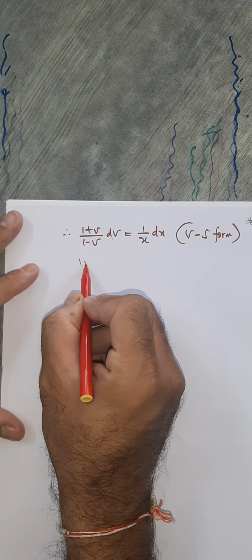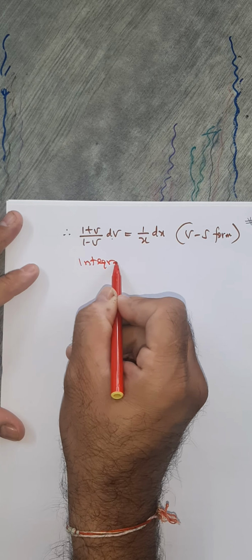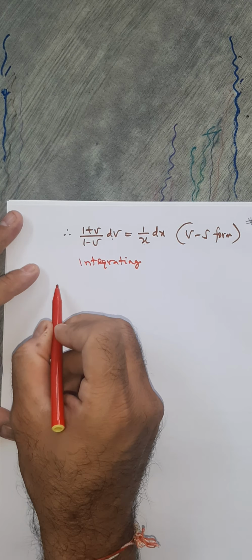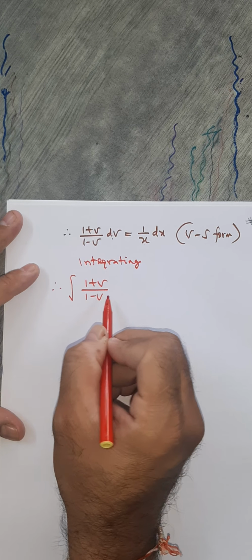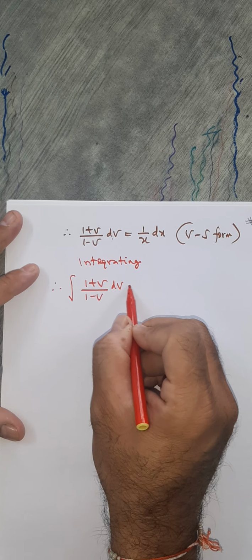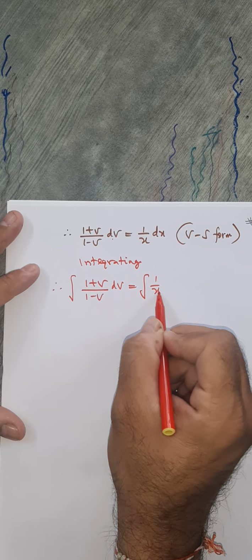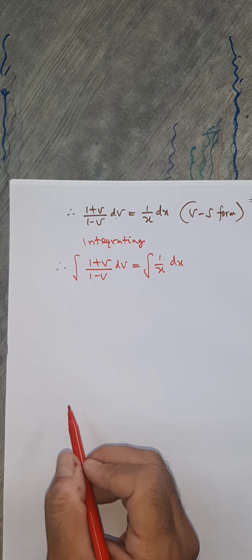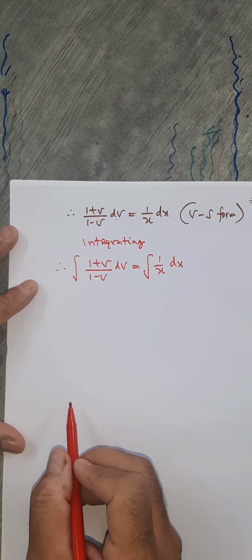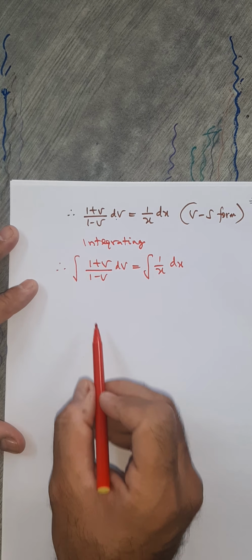Okay, now next step is integrate it. So integrating here, integral of 1 plus v upon 1 minus v dv equals to integral of 1 by x with respect to x. So now this method is over. Only the question comes to what? Integration.